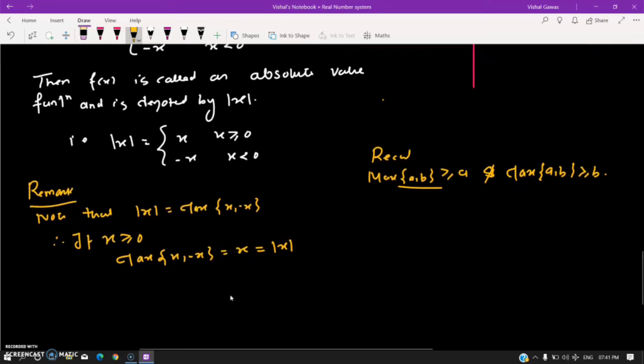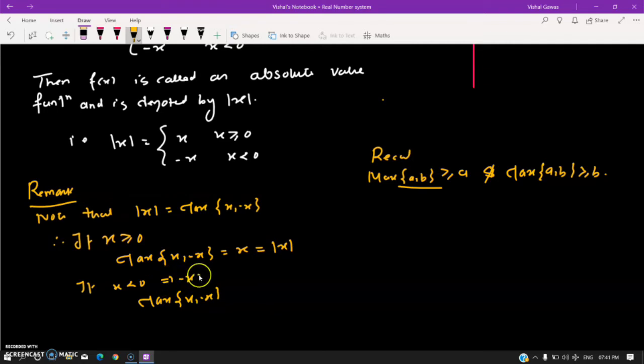Similarly, if x is negative, this implies minus x would be positive. So the bigger number between x and negative x would be negative x. This is by definition the modulus of x. Therefore, the maximum of x comma minus x is always nothing but modulus of x.